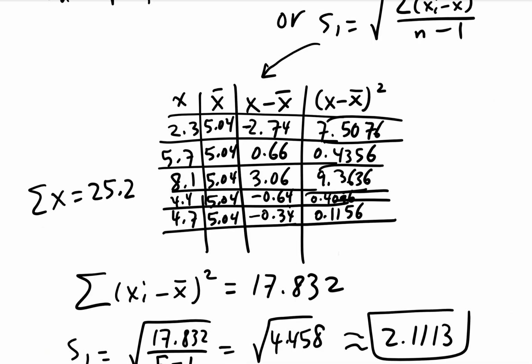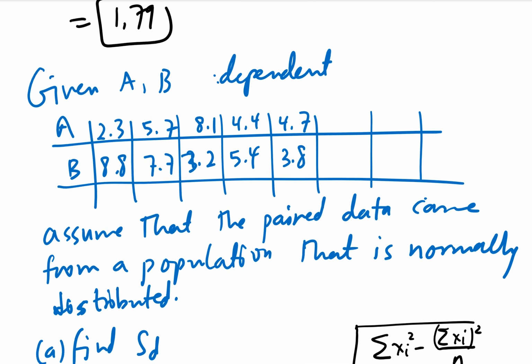From the table we have here, I'm going to create another row for the D row. In the D row, we subtract them: the first value minus the next value. That gives us negative 6.5. Then we do the same thing for each one of them. This is negative 2.